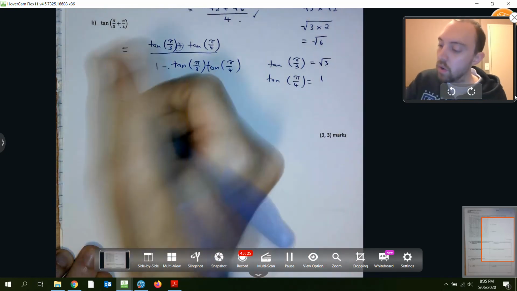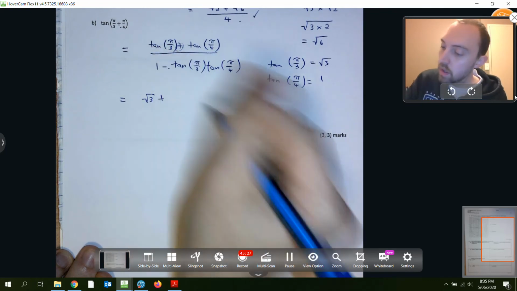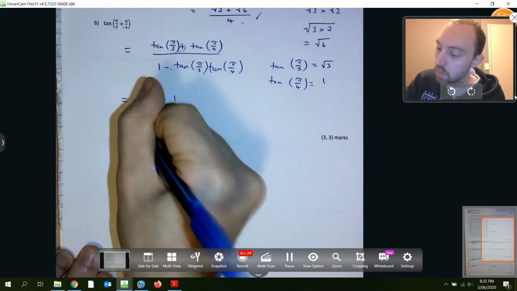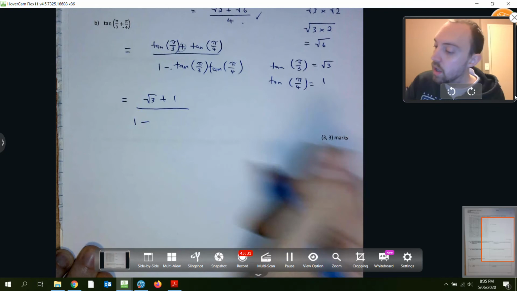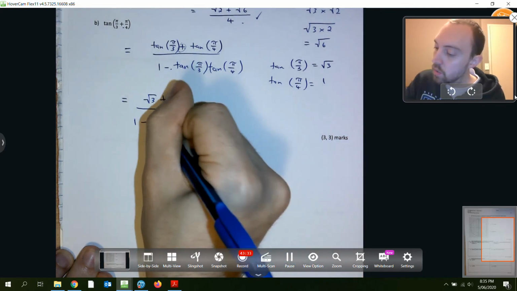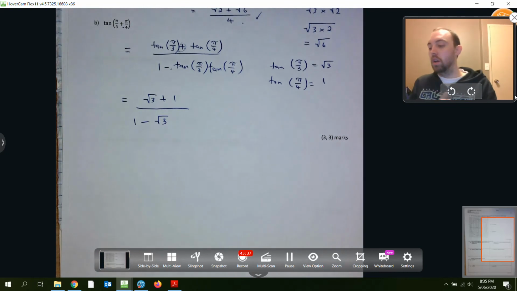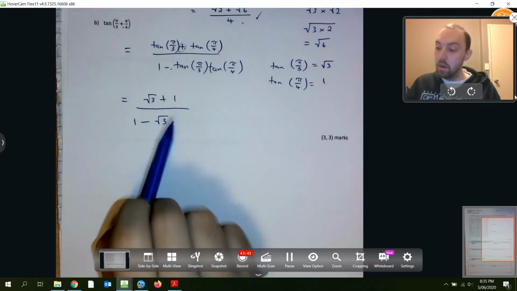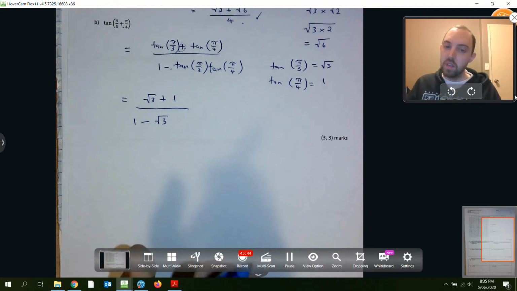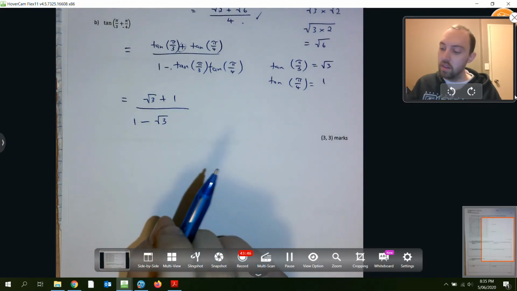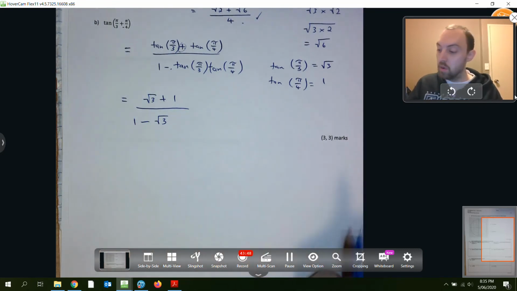So we've got root 3 plus 1 on 1 take root 3. Simplifying that denominator is a little bit trickier because it is not something that we have gone over much or at all.